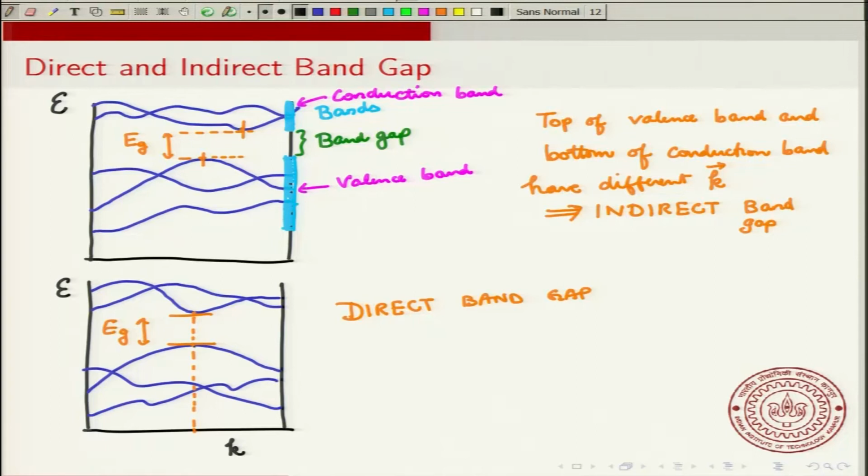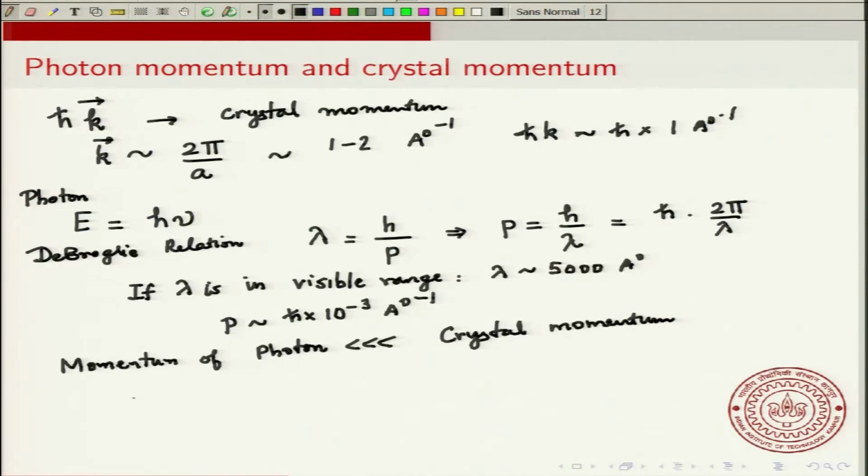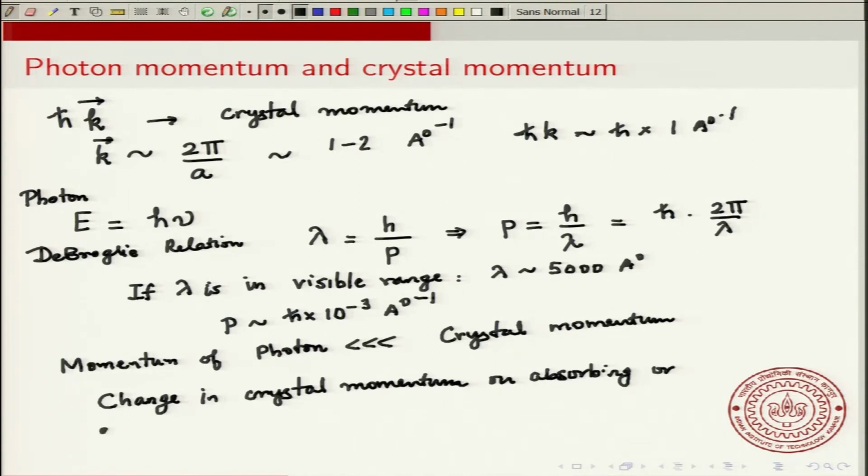So the change in crystal momentum on absorbing or emitting a photon is very small.